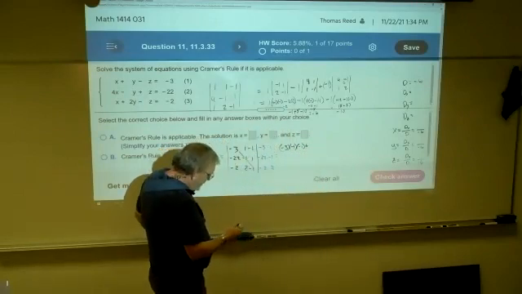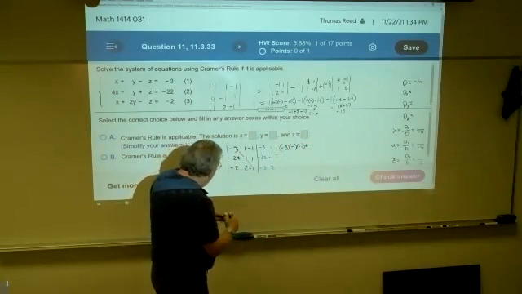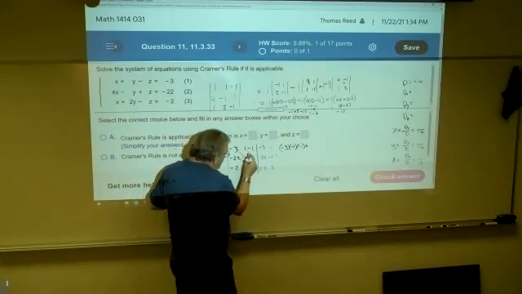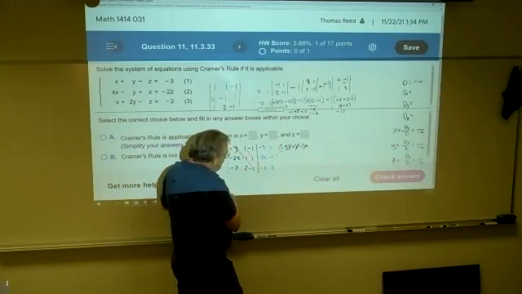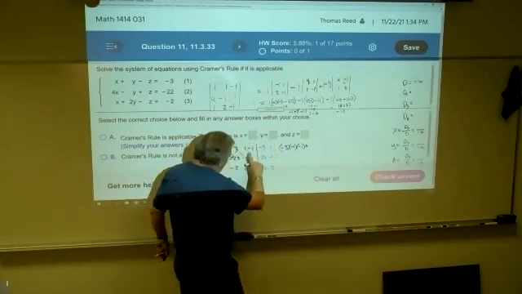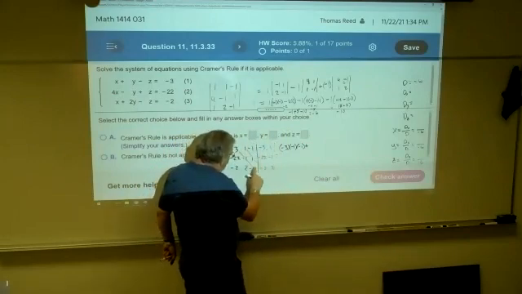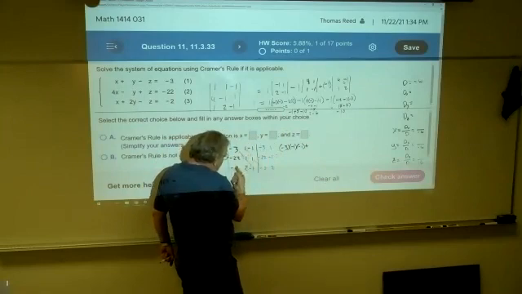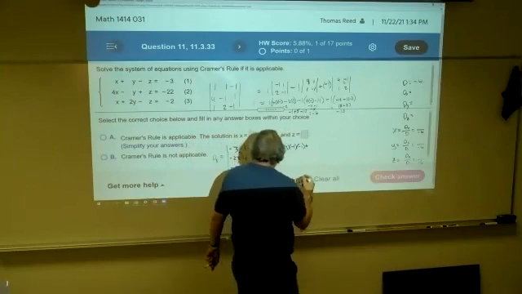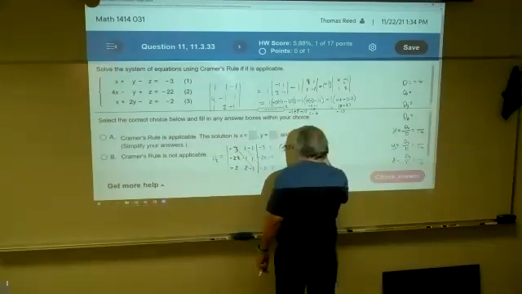And then we have the next diagonal, which is 1, 1, and negative 2. And this is why I rewrote these first two columns over here, so I didn't have to see how it wrapped back over to this. And so that's going to be plus 1 times 1 times negative 2.